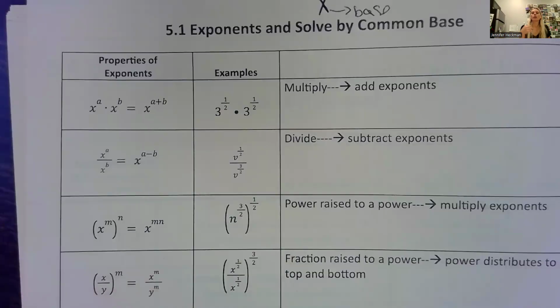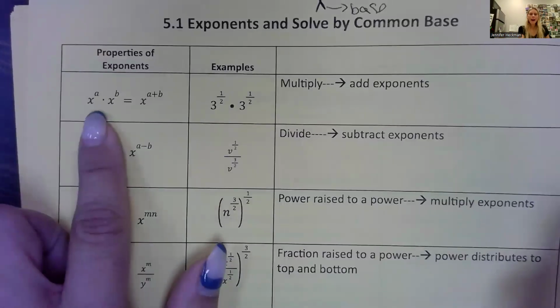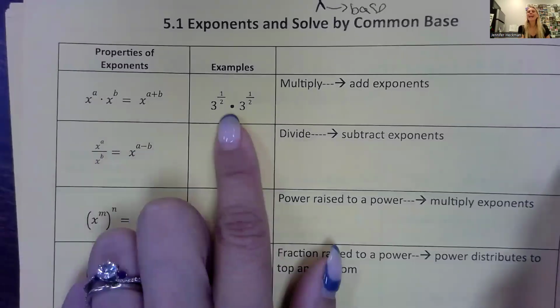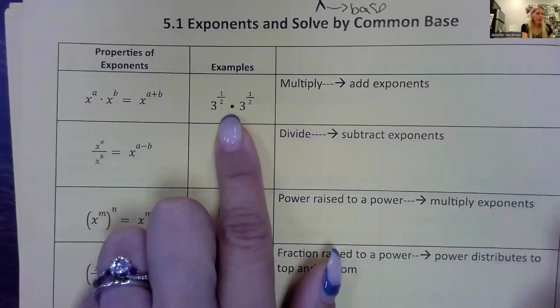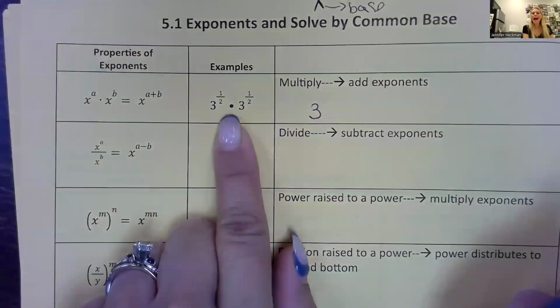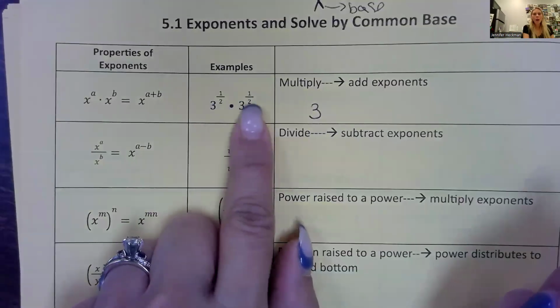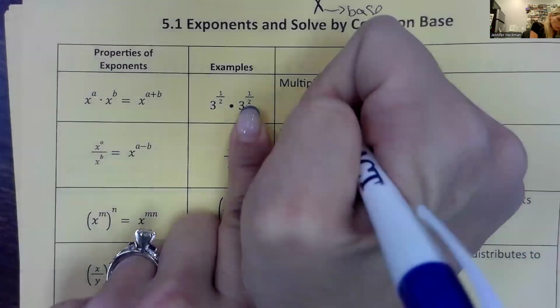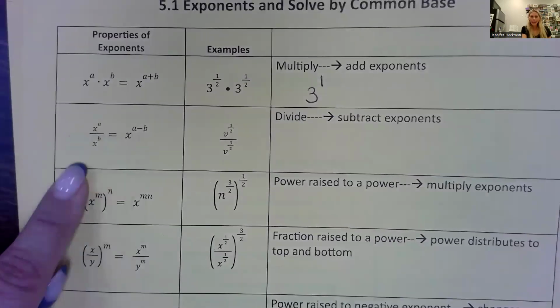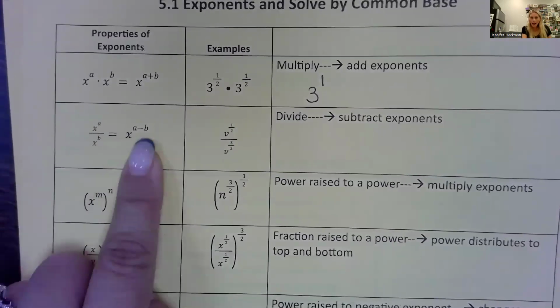So rules we have to go through. Well, if I have the bases are the same and I want to multiply, what I'm going to do is add the exponents. So the base stays the same and I'm going to add the exponents. So 1/2 plus 1/2 is 1. Okay, just like if we divide, we're going to subtract the exponents.